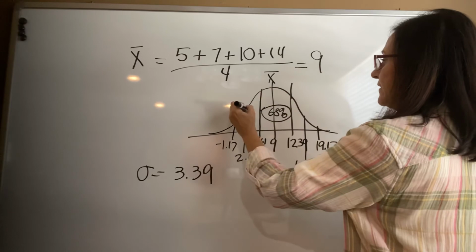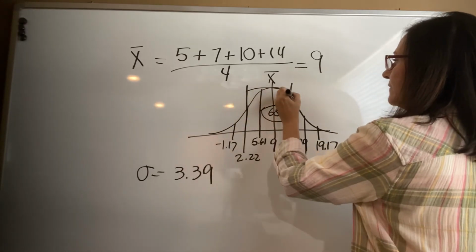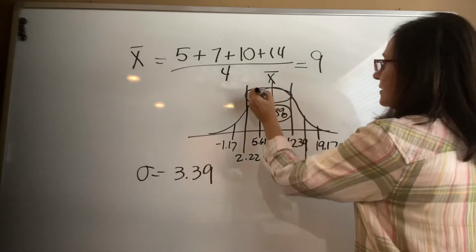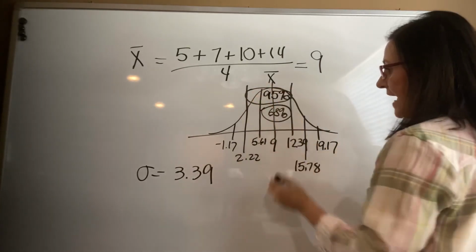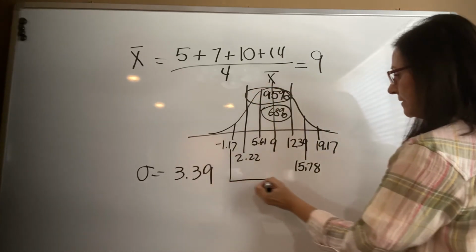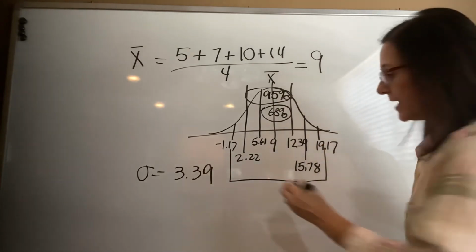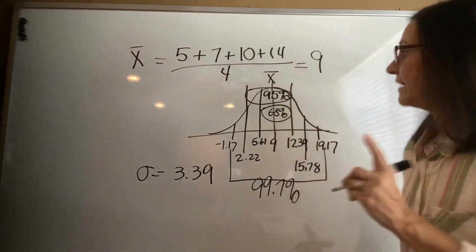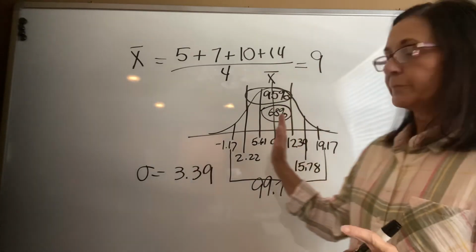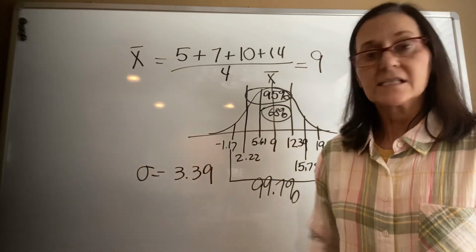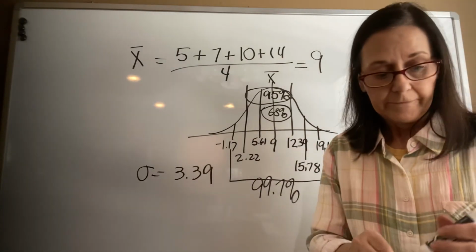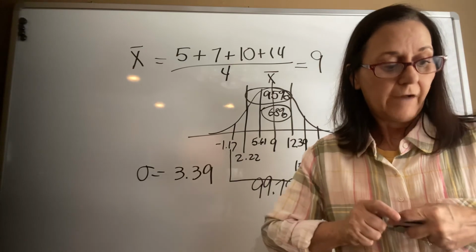For 2 standard deviations, this area right here is 95% of the data. And within 3 standard deviations, that's 99.7% of the data. I can know 50% of the data is to the left of 9 and 50% of the data is to the right of 9.